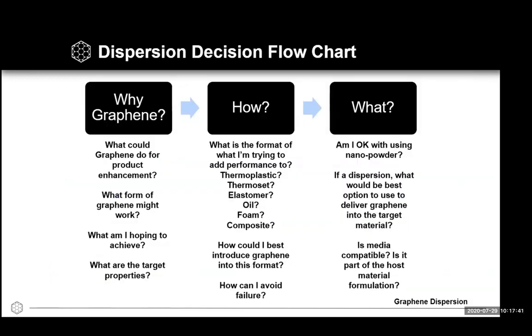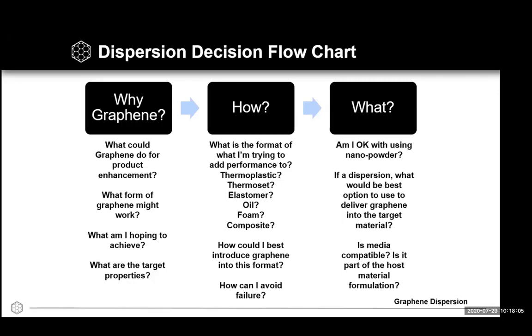So just some of the flow really through this thought process for decision making on graphene. So first of all, why graphene? What could graphene do for me in terms of utilizing those performance attributes? Even in the graphene nanoplatelet form, the material still has remarkable performance.